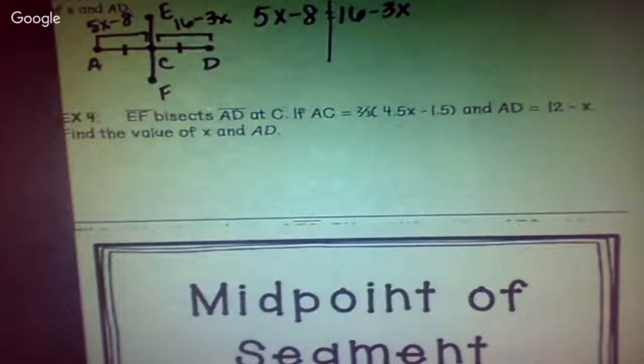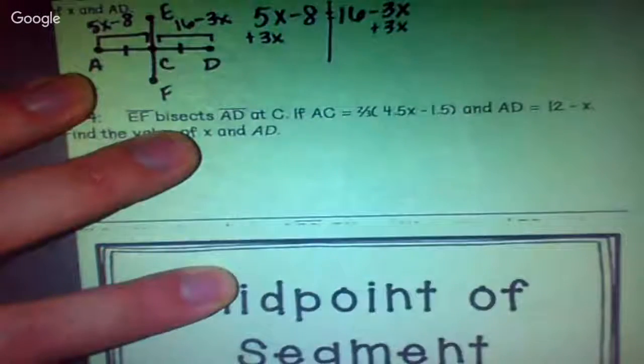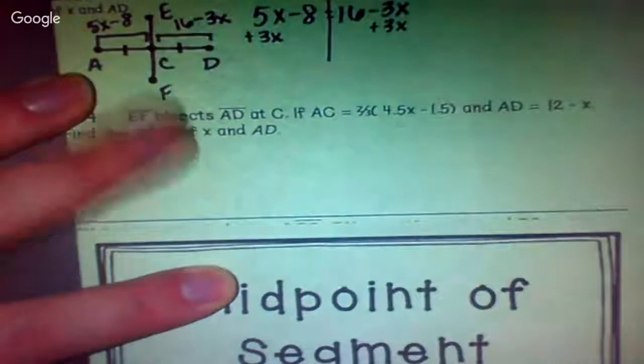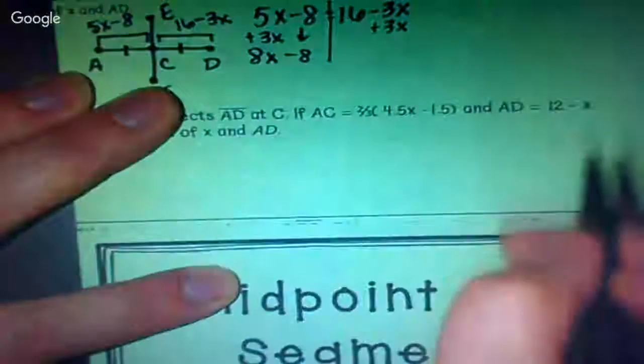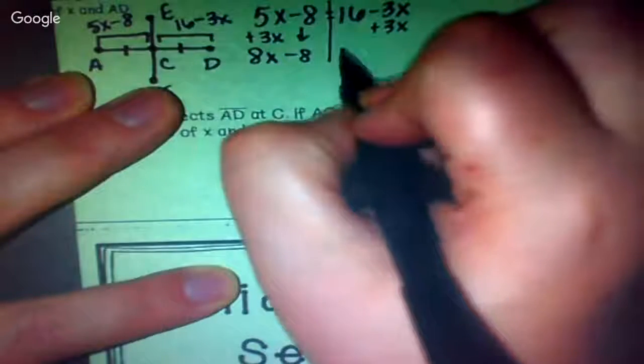Remember, when you cross the equal sign, it's always the opposite. So y'all told me to add 3x to both sides. When I do that on the left, it goes with my 5x, which leaves me with 8x. This negative 8 just drops down. On this side, 16 drops down, and my x's cancel out.